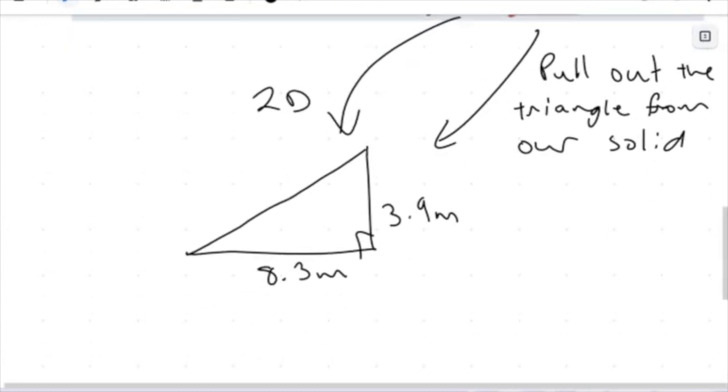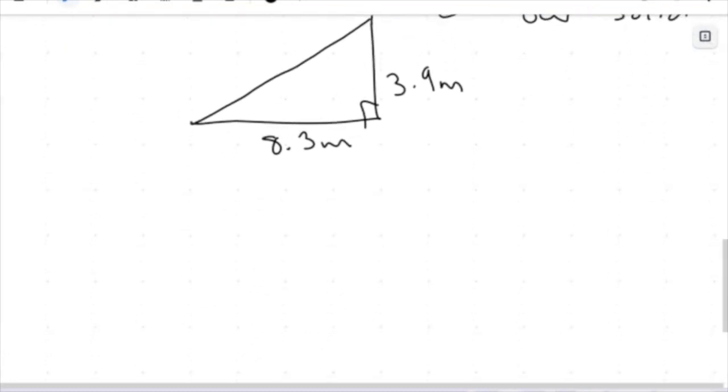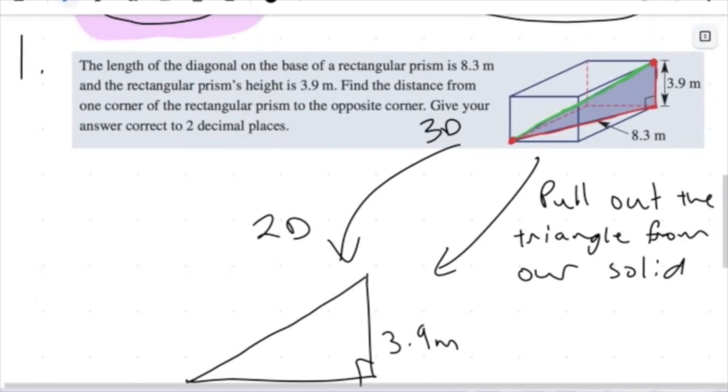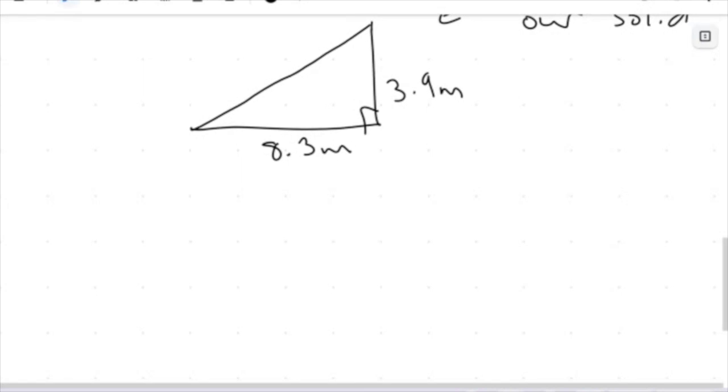Now what this allows us to do is find this length from one corner to the opposite corner by just solving Pythagoras' theorem for this hypotenuse here. So I'm going to call that C. And now we are going to apply Pythagoras' theorem.